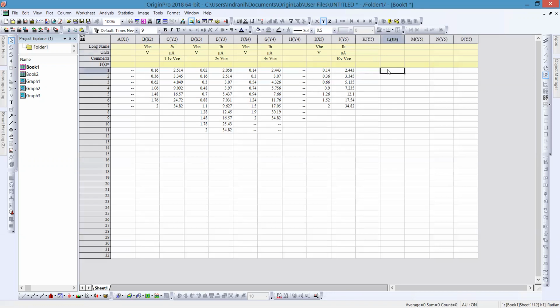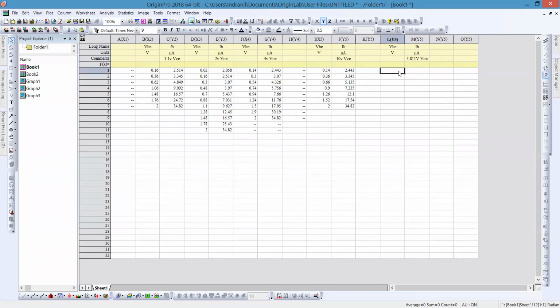Please tell me in this fashion, VB and IB. And please also tell me the value of VCE. VCE is equal to how many volts? 3.811 volts. Okay, VCE value.